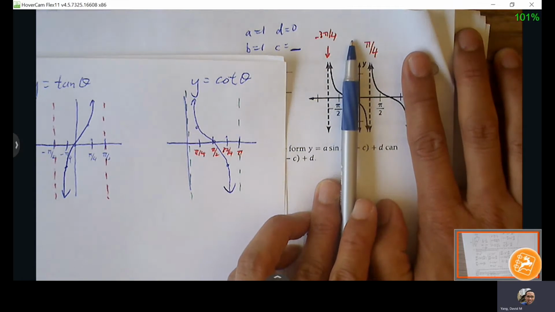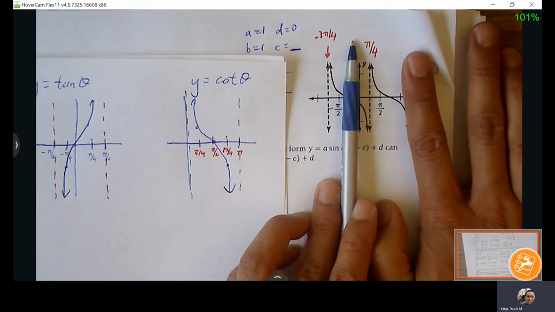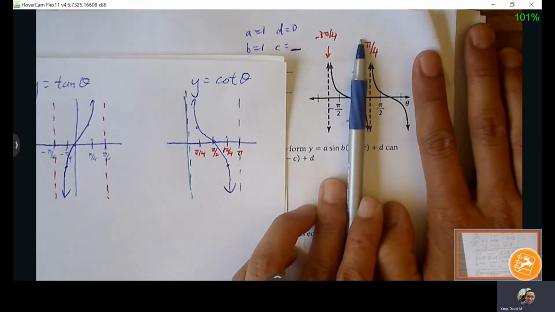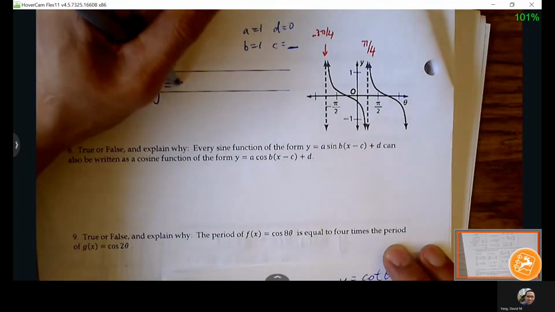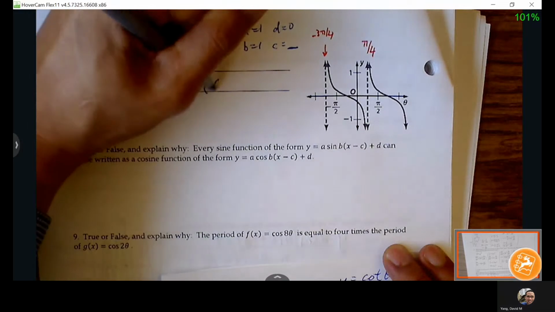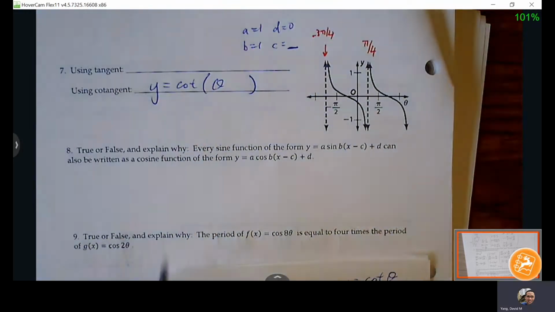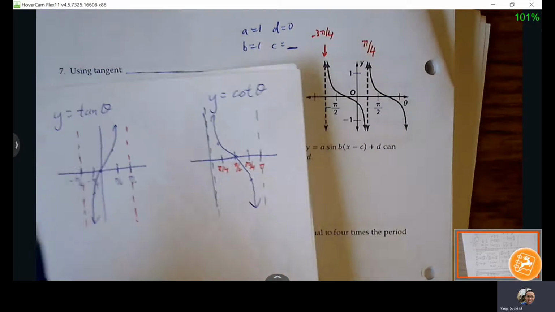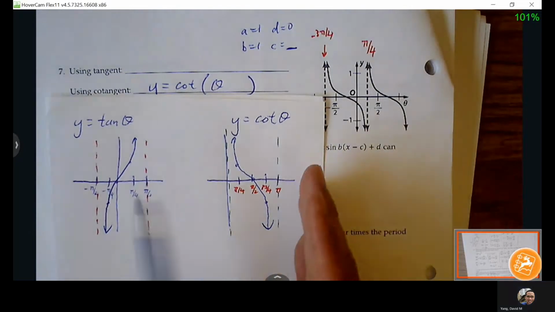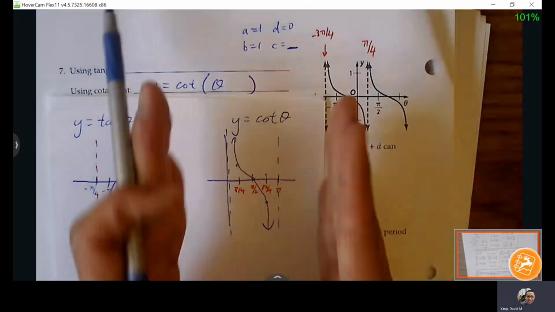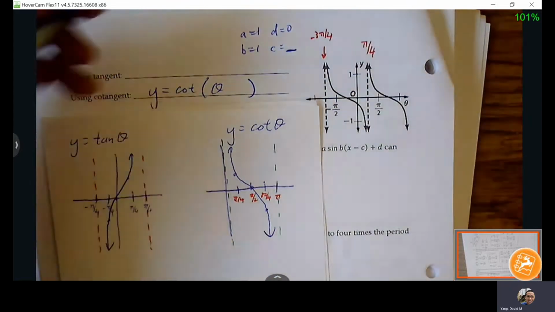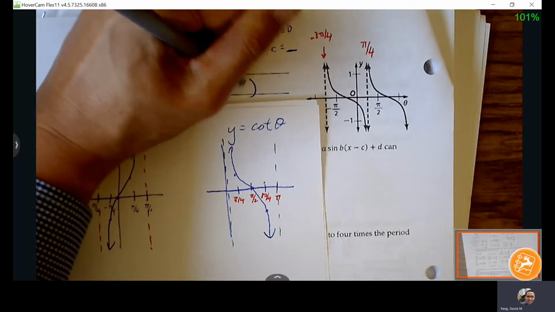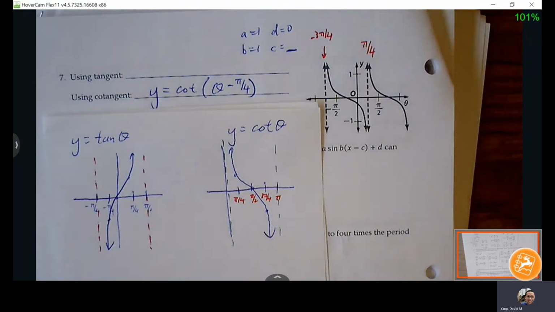So we can create our cotangent graph, and then we can just shift it to the right. Right now, the cotangent graph would be here. And if I want to make this match this graph, I'm just going to move it to the right, π/4. So minus π/4.